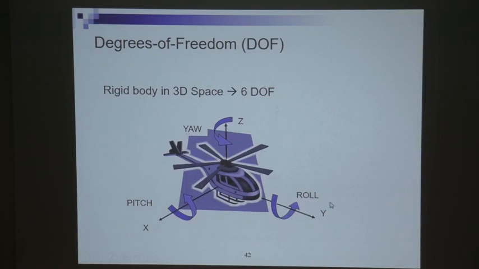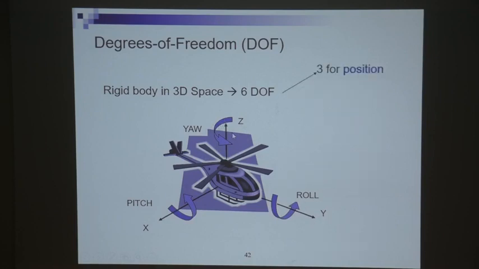The definition of roll, pitch, and yaw is borrowed from the aerospace industry. Imagine you have an aircraft flying in these directions. The roll is along this axis, the pitch is the nose of the aircraft moving up and down, and the yaw is along the vertical axis.